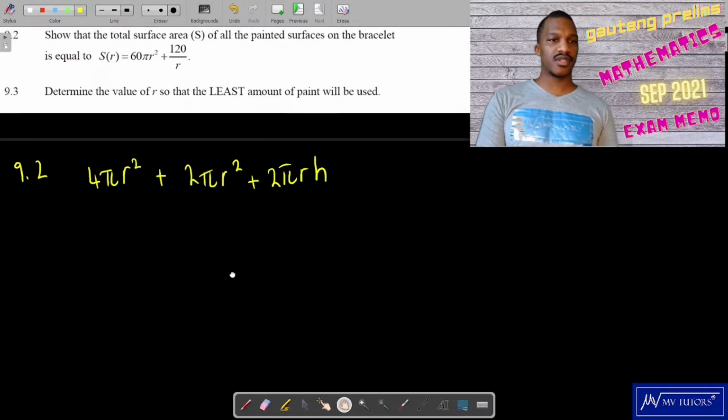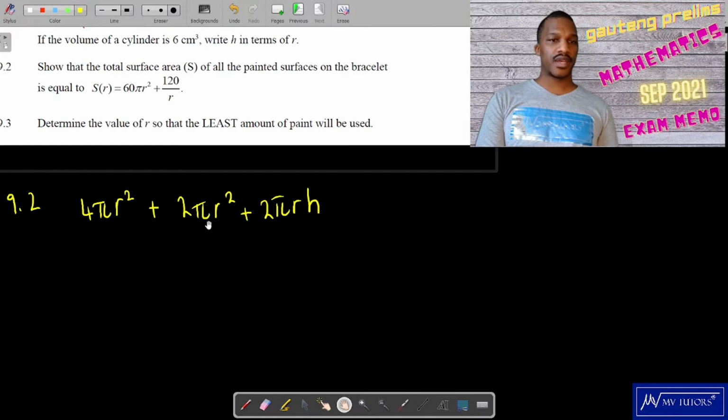Everything is in terms of pi and r except the h. So what I'm going to do now is just substitute h, because I've already solved what h is on the first question.